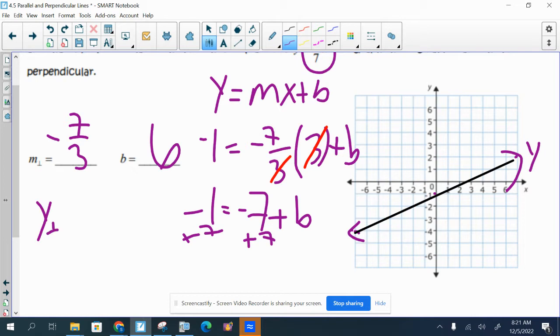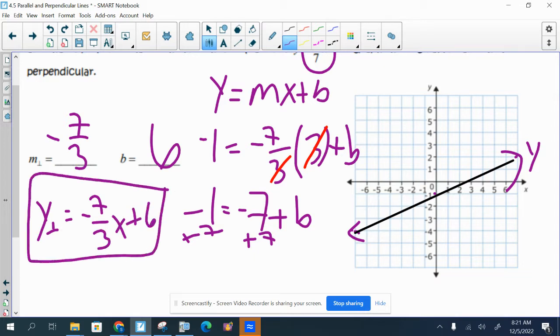Y perpendicular equals -7/3 x plus 6. So let's graph that line now. Starts at 6, and then you're going down 7/3, and we can't go down 7/3 again, so that's fine. And that's y perpendicular.